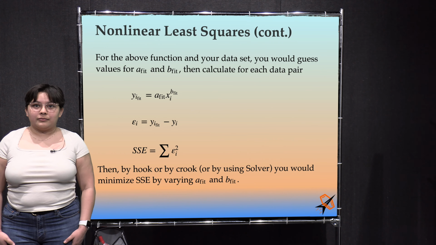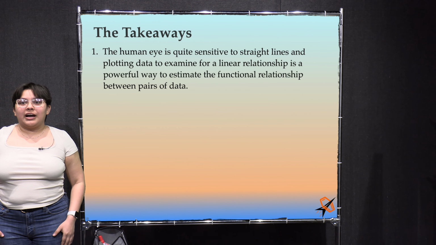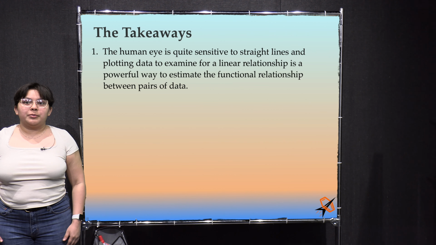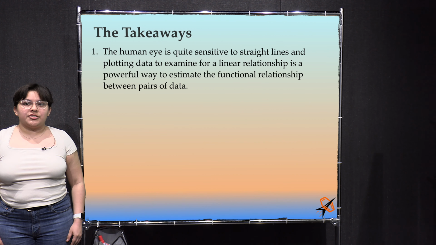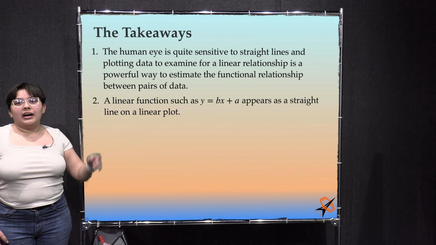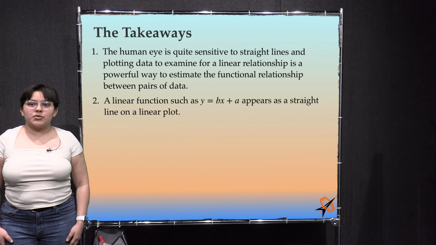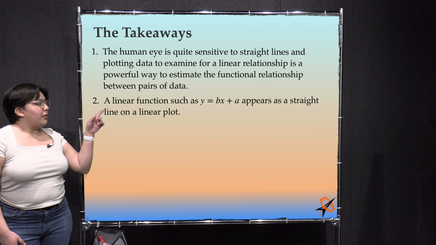The takeaways are: 1. The human eye is quite sensitive to straight lines, and plotting data to examine for a linear relationship is a powerful way to estimate the functional relationships between pairs of data. 2. A linear function such as y equals bx plus a appears as a straight line on a linear plot. 3.